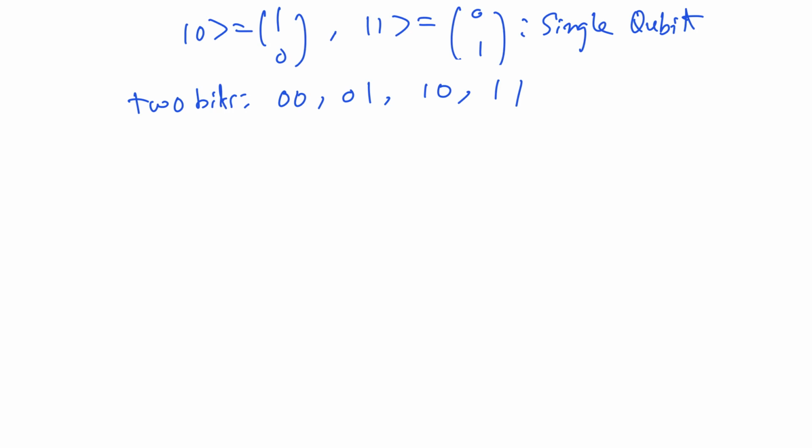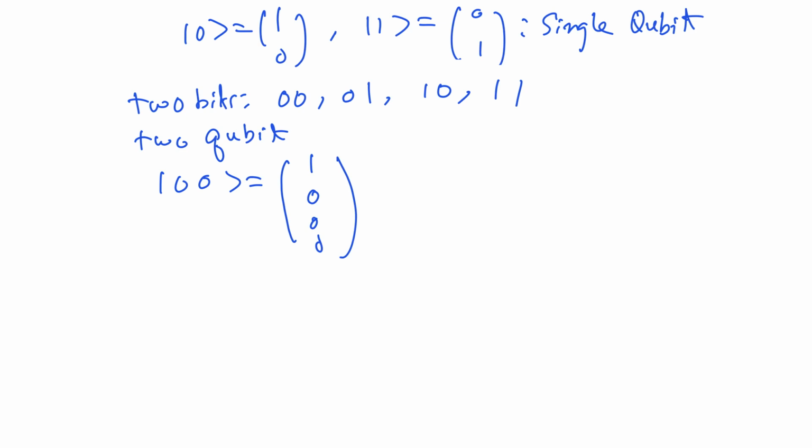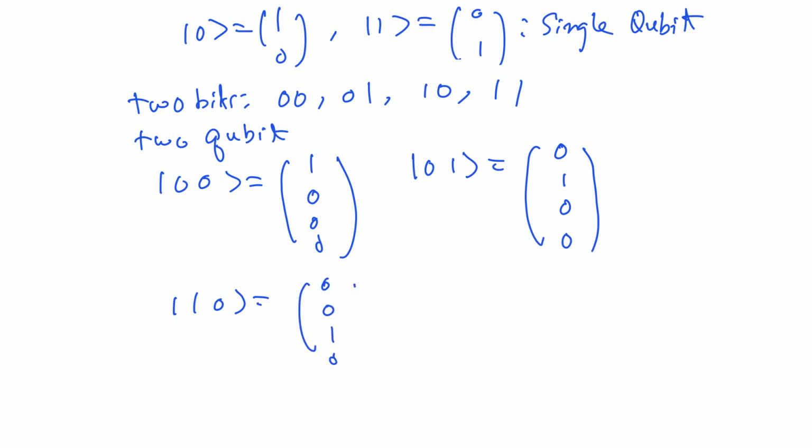But 2 qubits are defined as follows: 0 0, 1 0 0 0, 0 1, 0 1, 1 0, 0 0, 1 0, 1 1, 0 0 0 1.